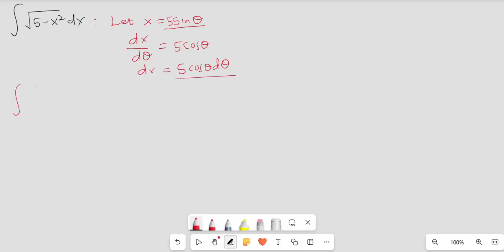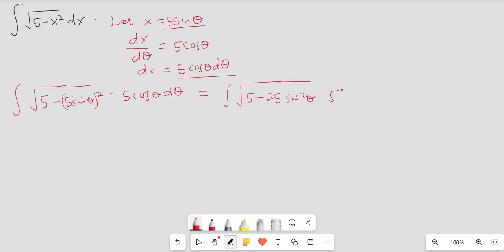So if we take everything from the x world into the theta world, that should be 5 minus x squared, where x is 5 sine theta, and you square that, and dx is 5 cosine theta d theta. So this simplifies to the integral of the square root of 5 minus 25 sine squared theta, then 5 cosine theta d theta. The problem is here: 5 and 25 are not the same.